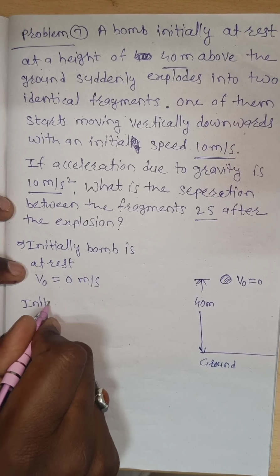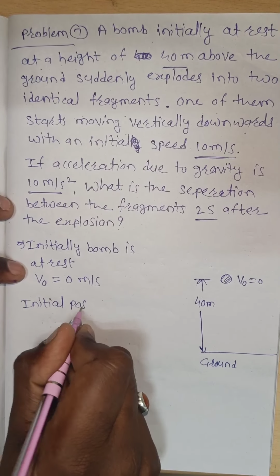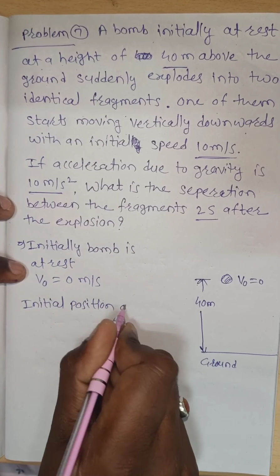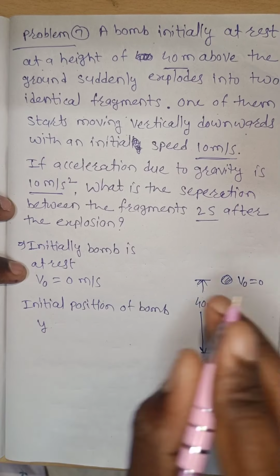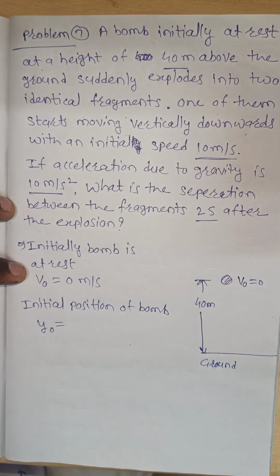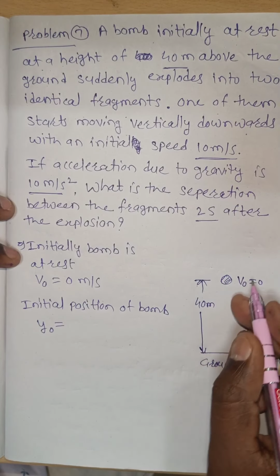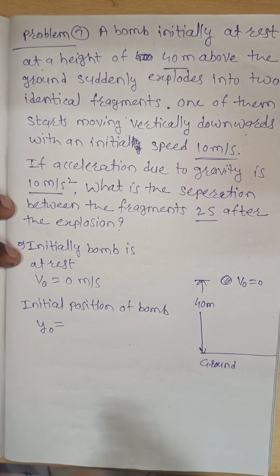Therefore the initial position of the bomb is along the y-axis, so the initial position y0 is equal to 40 meters above the ground.